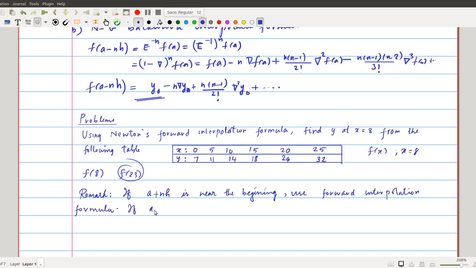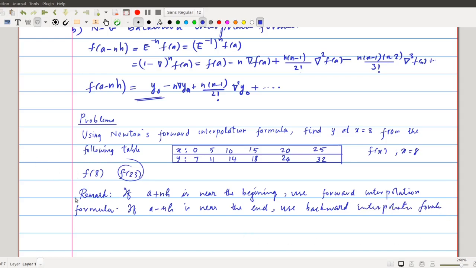Next, if you compare this quantity with a minus nh and a plus nh, if a minus nh is near the end, use backward interpolation formula, okay.